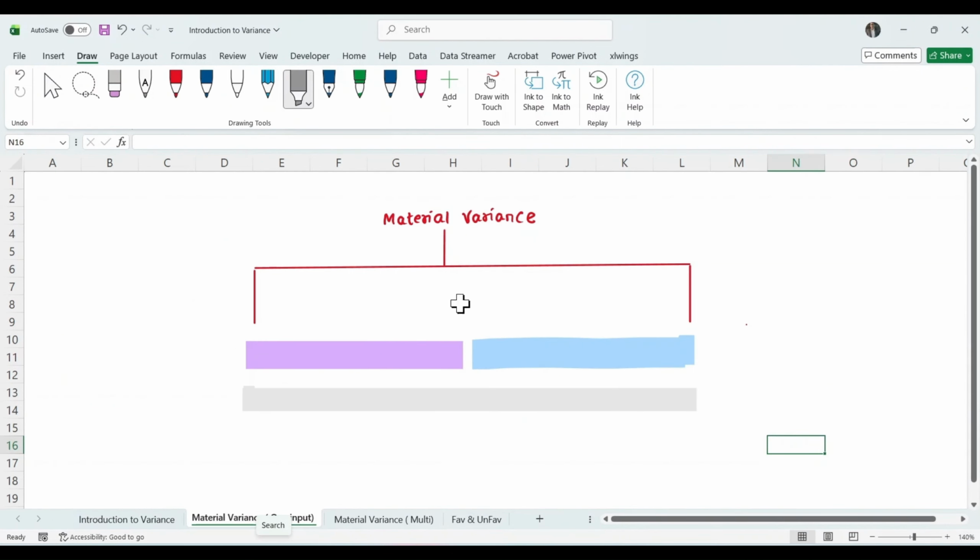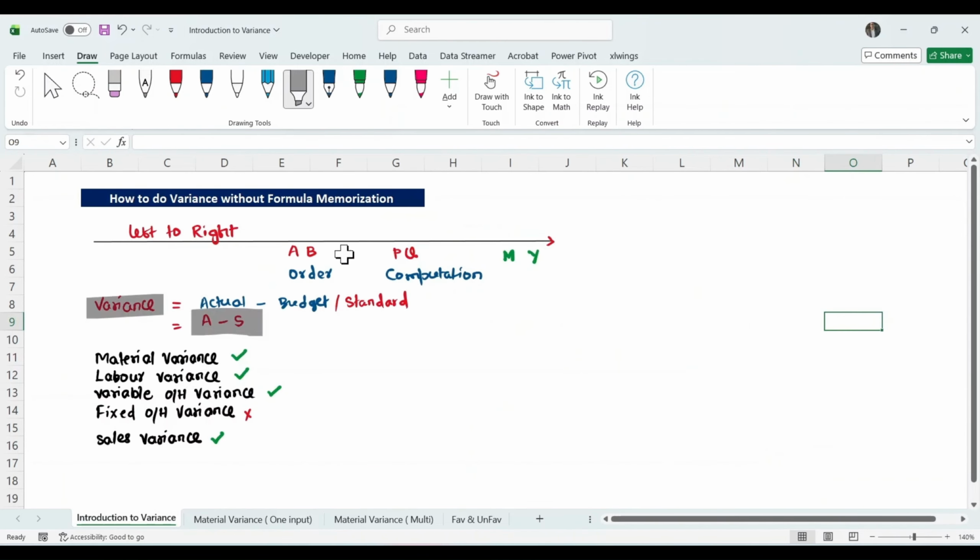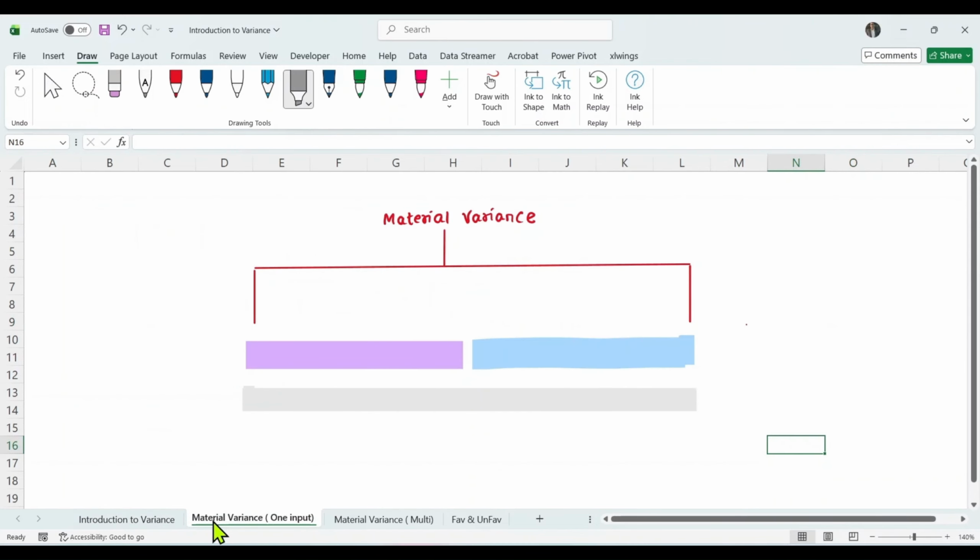Okay, so now we'll see the formula for material variance. This PQ is for the computation, which we'll do on both sides. P stands for price and Q for quantity. So this is the computation on the left side, and this is the computation on the right side.